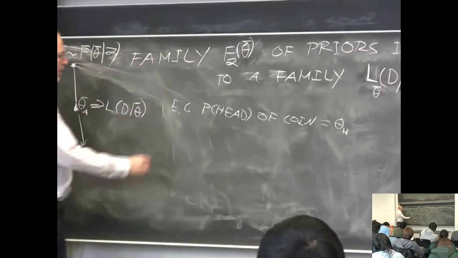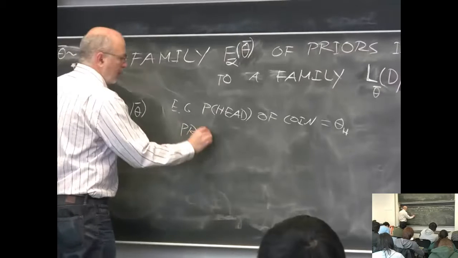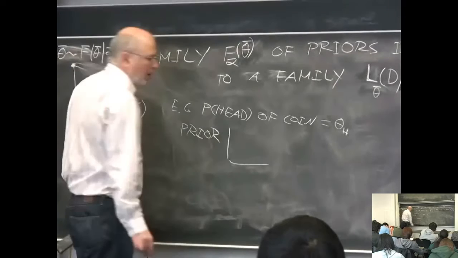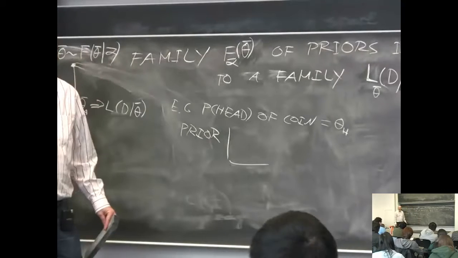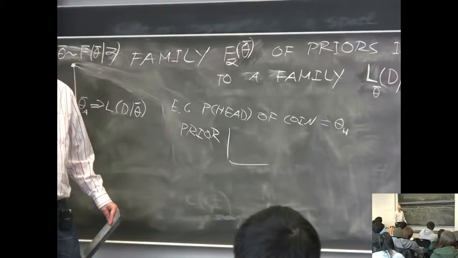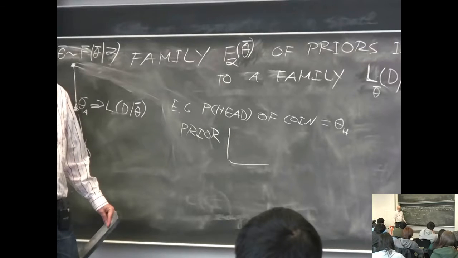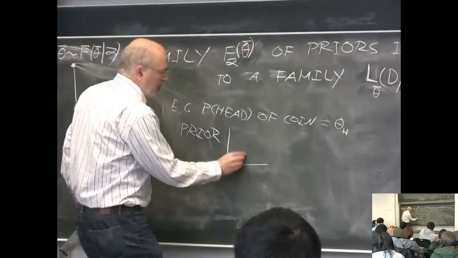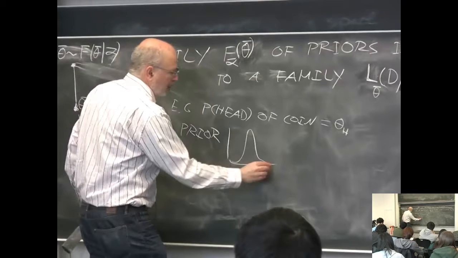The prior over all possible values of theta head is anything we want it to be. If the coin came from a normal factory that makes regular coins, it's probably going to be very close to 0.5, but maybe not exactly 0.5, so it would look something like this.